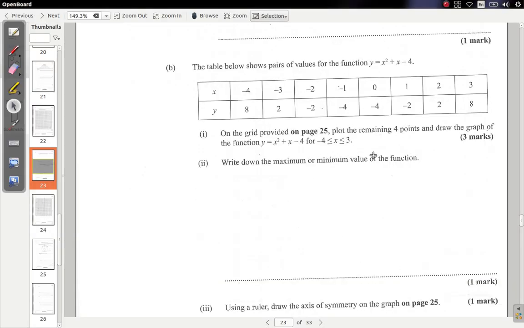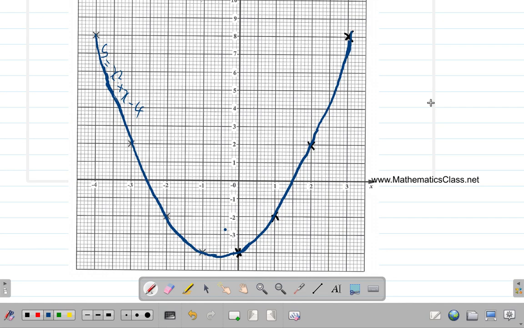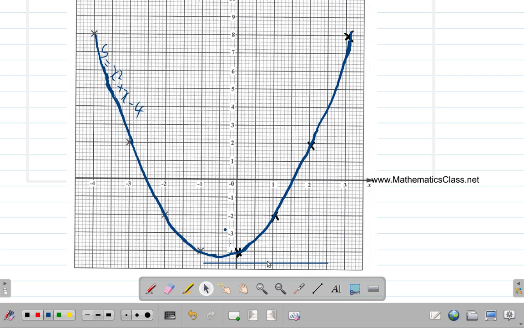Now, write down the maximum or the minimum value of the function. So this has a minimum value, you don't have a max. Now, we find that minimum value.